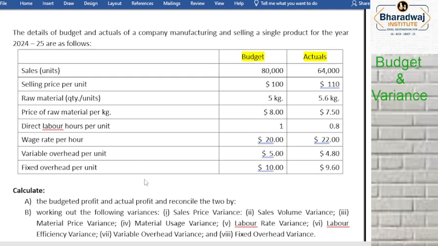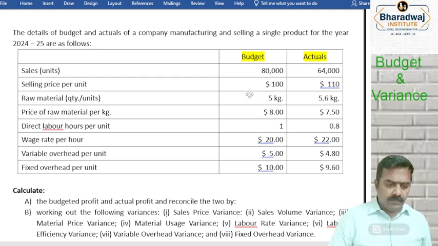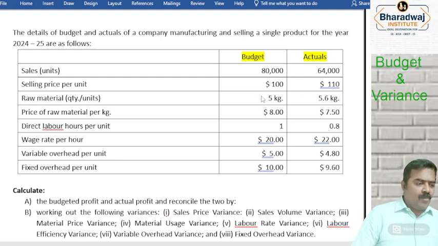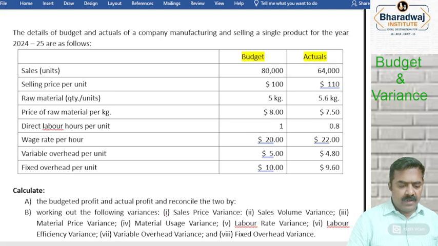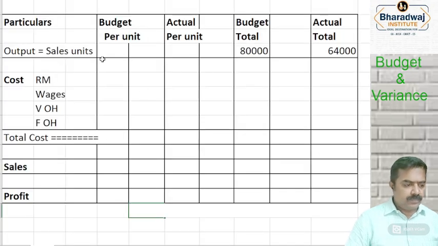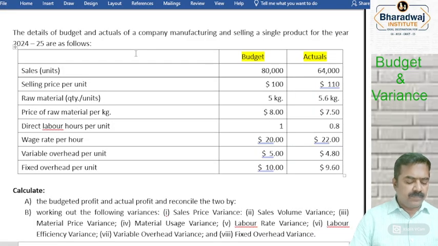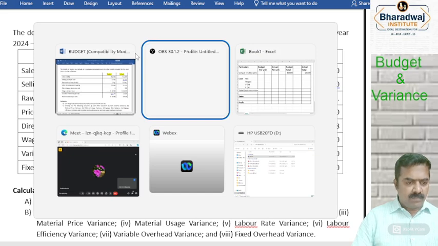Any answer, please? What is the selling price per unit? 100 and 110.